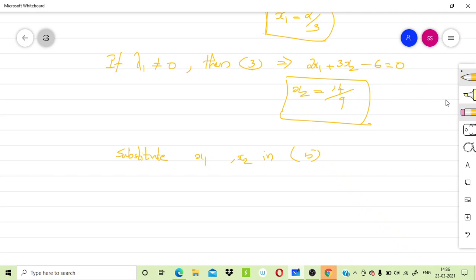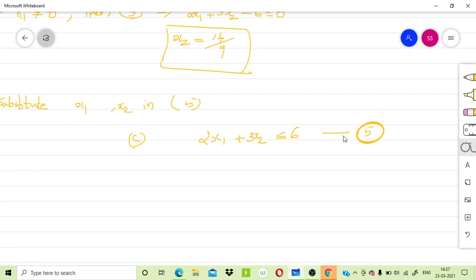You will get 2 into 2 by 3 plus 3 into 14 by 9, which is equal to 4 by 3 plus 42 by 9, that is 12 plus 42 by 9, that is 54 by 9, which is 6.